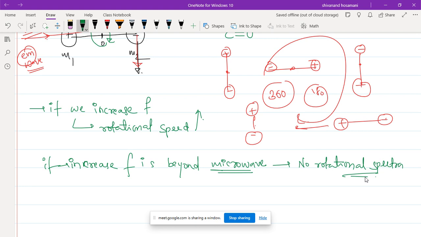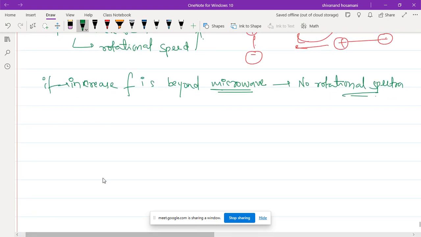Suppose visible light is incident on it, then it will not show pure rotation spectra because the frequency of the visible light is more than microwave, so they will not match. And moreover, when does rotation spectra show? Its rotation has a frequency, which we call the natural rotation frequency.